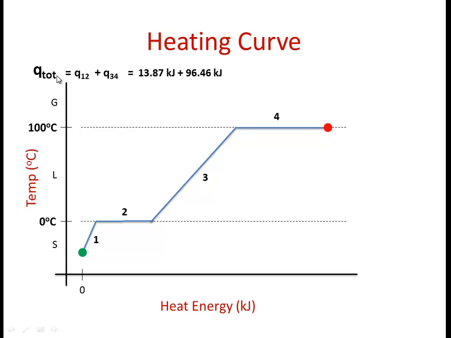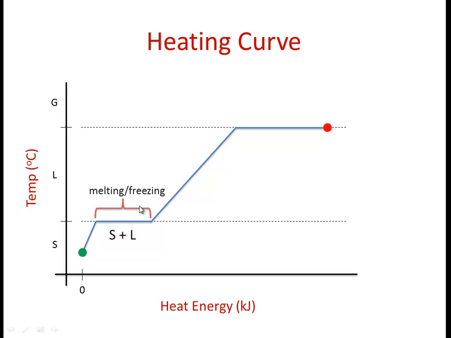We simply make the grand total, and that comes to 110.33 kilojoules. So this is exactly the kind of thing that we're going to need to be able to do on our problem sets and quizzes, and I hope that this helps.